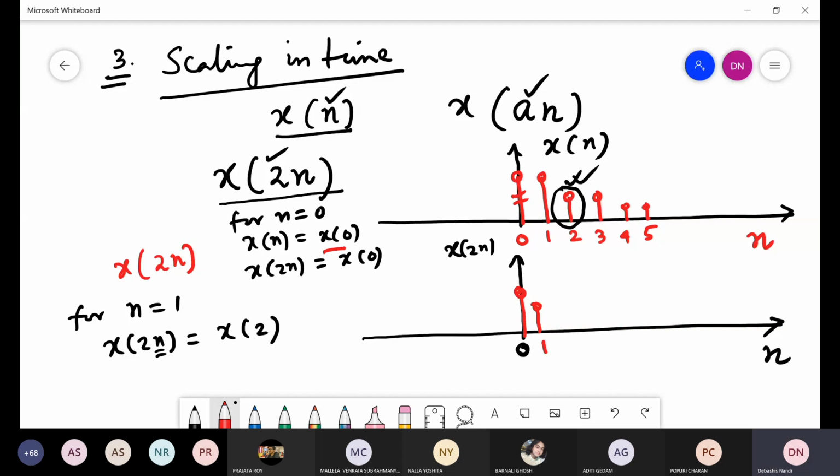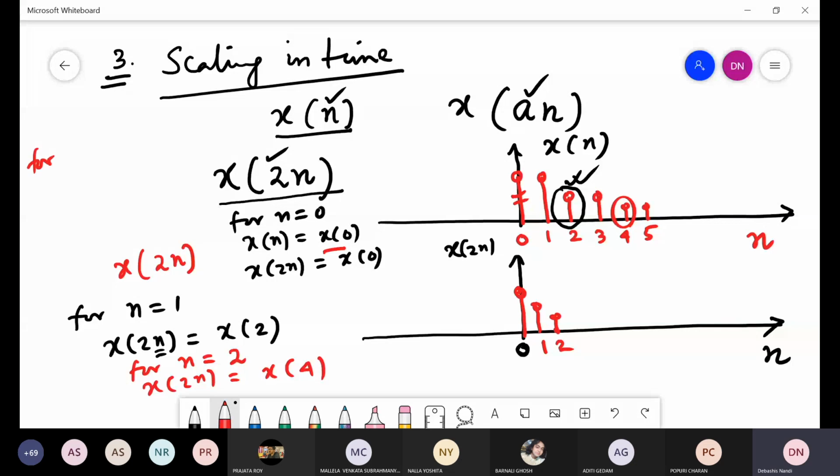And for n equal to 2, x[2n] is x[4]. So at n equal to 2, this value will come here.